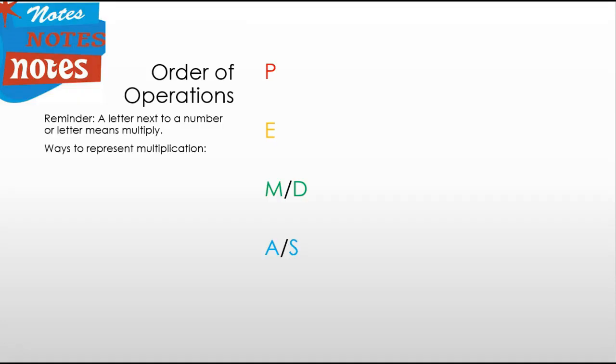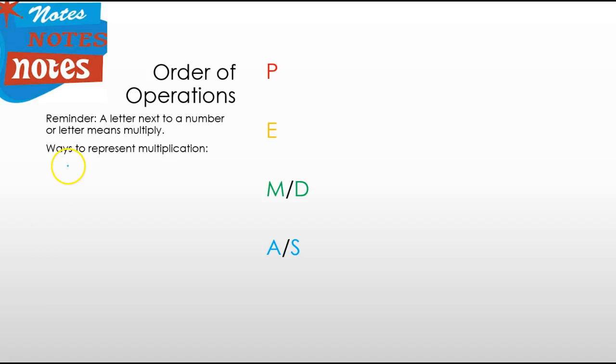All right, so the order of operations: a letter next to a number or letter means multiply. We have several different ways to represent multiplication, and I want to do a quick review of that. So we have, say, 2 dot A, or with a number, dot 3.